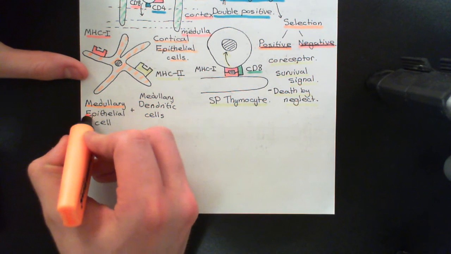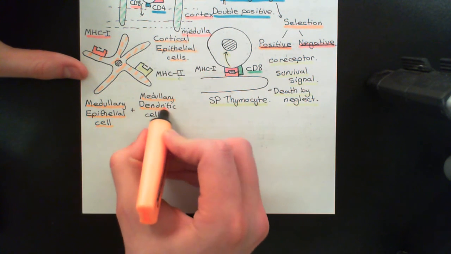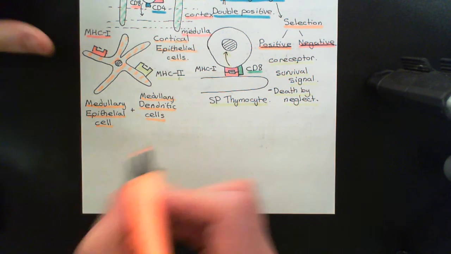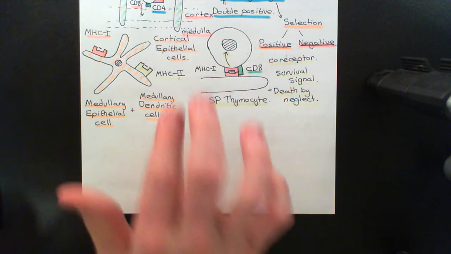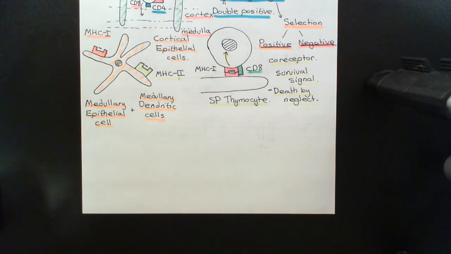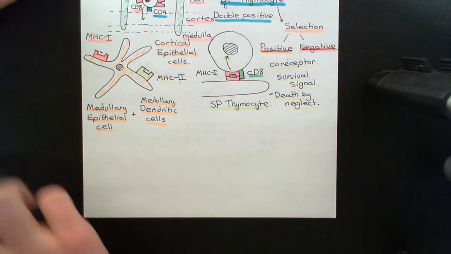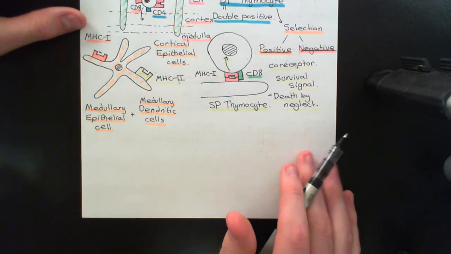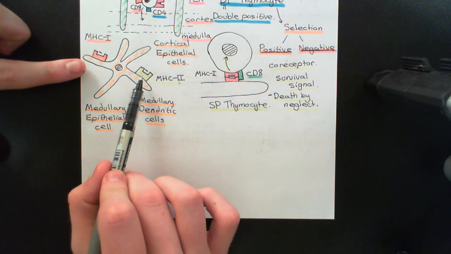They will again have these long processes to increase their surface area, and I'll stress now that the reason they have those processes is so that they can interact with as many of the thymocytes as possible, because their surface is where they're actually performing their role. That's why they have these processes, to extend their surface area. Okay, so we have medullary epithelial cells and medullary dendritic cells, which look exactly like this.